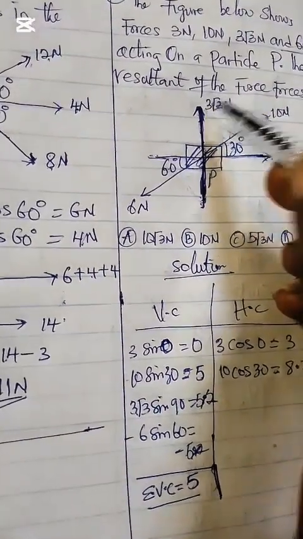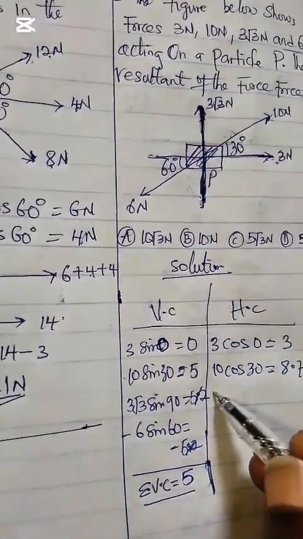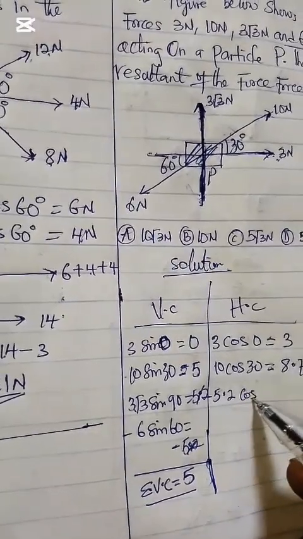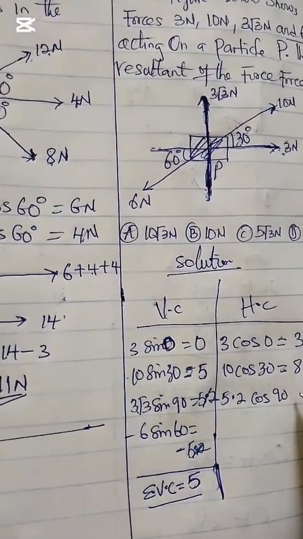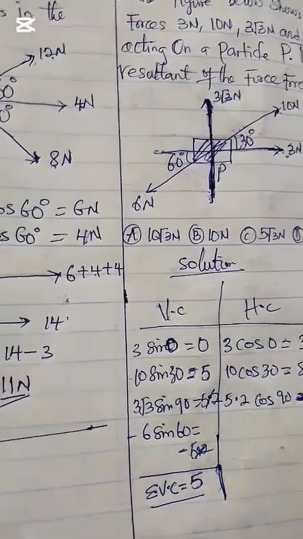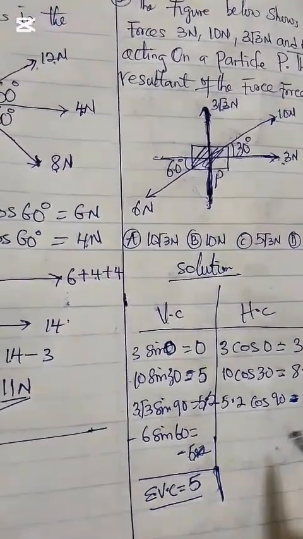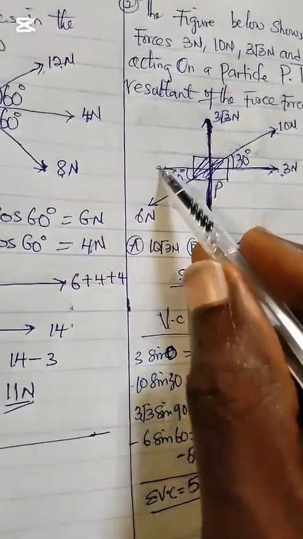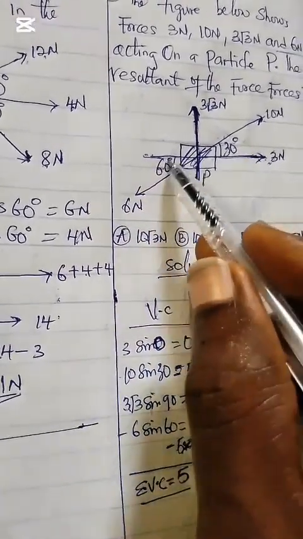Then I have this 5.2 cos 90 degree. And what is cos 90 degree? Cos 90 degree is 0. So 5.2 cos 90 will be 0. Then the last I have is here. The 6 Newton will be resolved to this direction, not to this direction, because it's closer here.